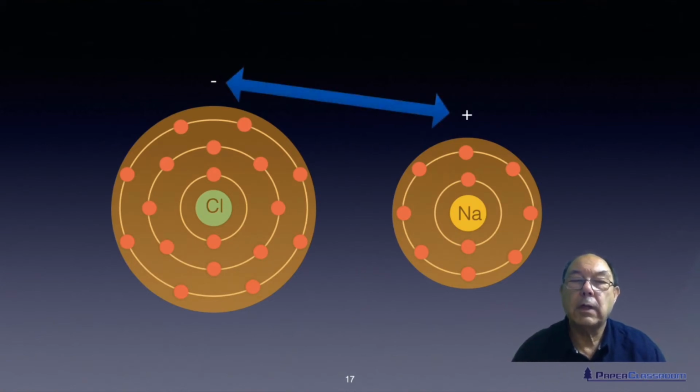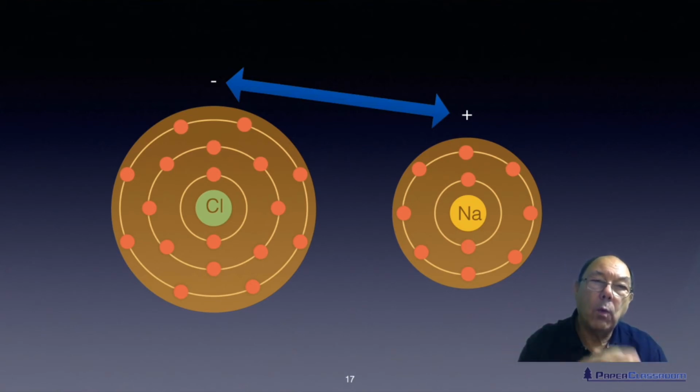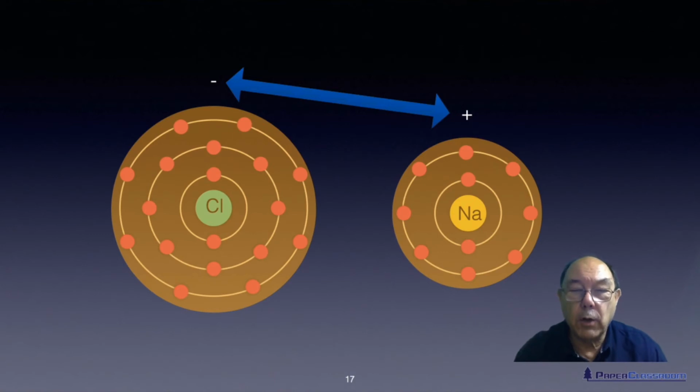And because like charges repel and opposite charges attract, one's positive, one's negative, and because they're opposites, they will attract. The ions will attract to each other, giving ionic bonding. And it's as simple as that.